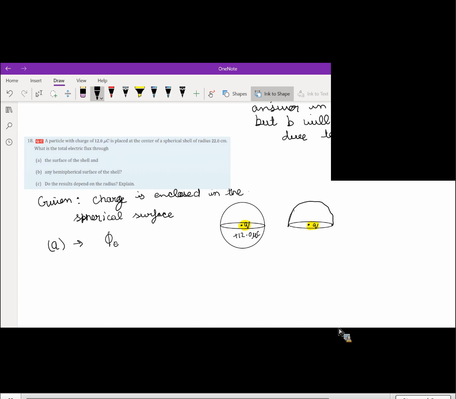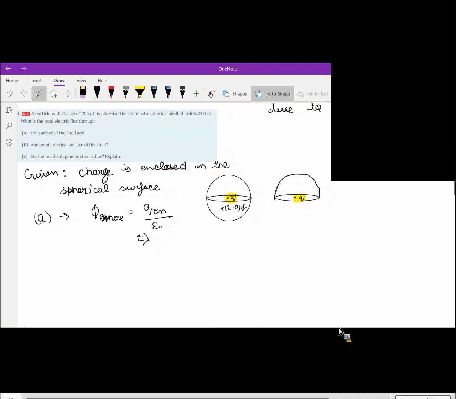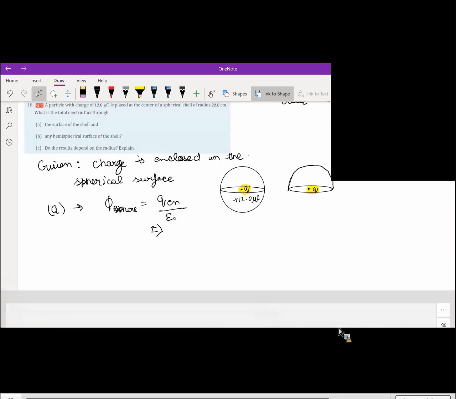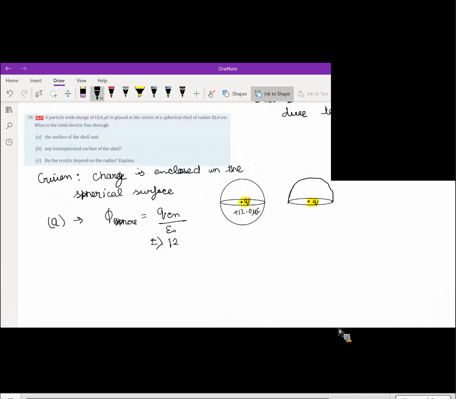Flux through a sphere is charge enclosed divided by epsilon naught. You substitute the values and you type 12 into 10 to the power minus 6 coulomb divided by 8.5 into 10 to the power minus 12.